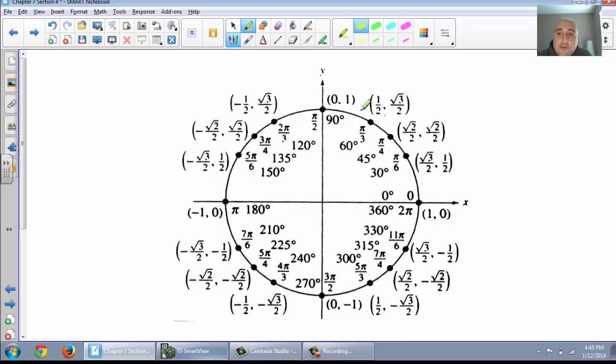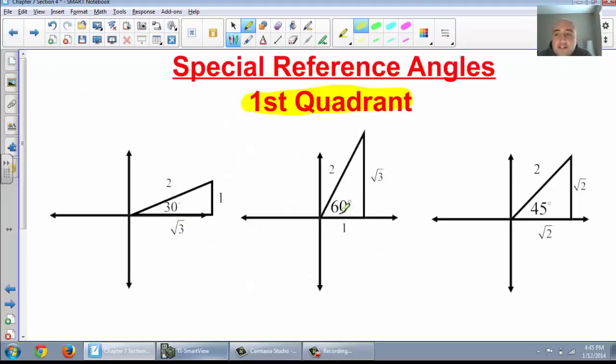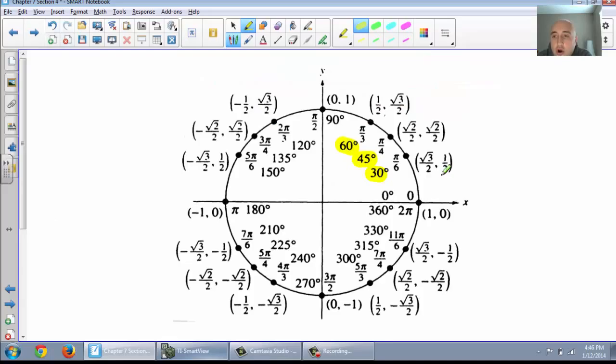So the whole unit circle is broken down into 30, 45, and 60 degree angles. That's why these 30, 60, 45s are important to us. And what these triangles give us are all of these ordered pairs around the unit circle, these important numbers. All these numbers are your sine and cosines.